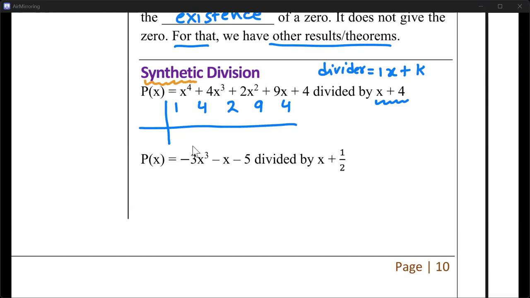And the divider is x plus 4, right? And you write minus 4 here. Think about it, it's going to be a possible zero. We don't know whether that minus 4 is a zero or not. It's a candidate, a possible zero, because if you set x plus 4 equal to 0, you get x equals minus 4. So always think like that.